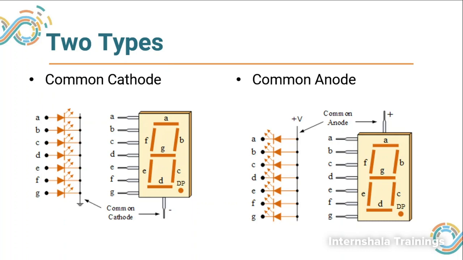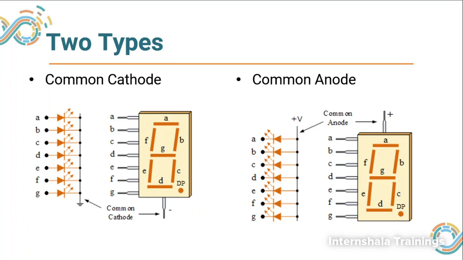The LED will not glow. So if I have to glow these LEDs, I have to give 0 volt. So by default I have to give 5 volt, and whichever I want to glow I have to give 0 here. So that means the coding is completely opposite in both the cases.